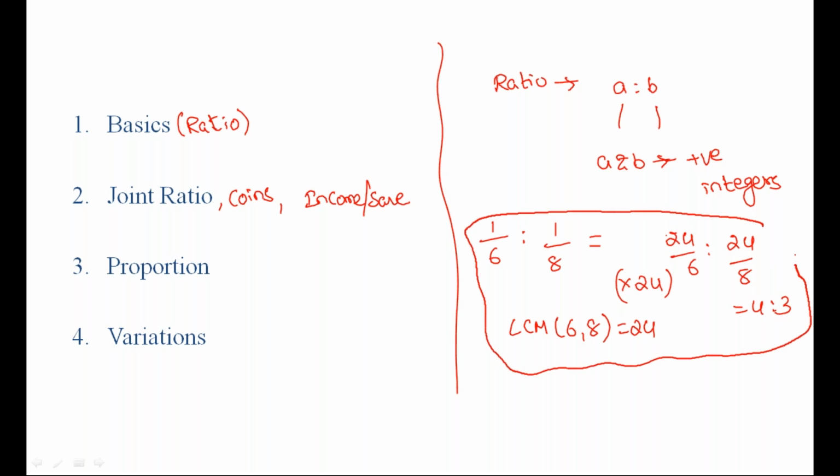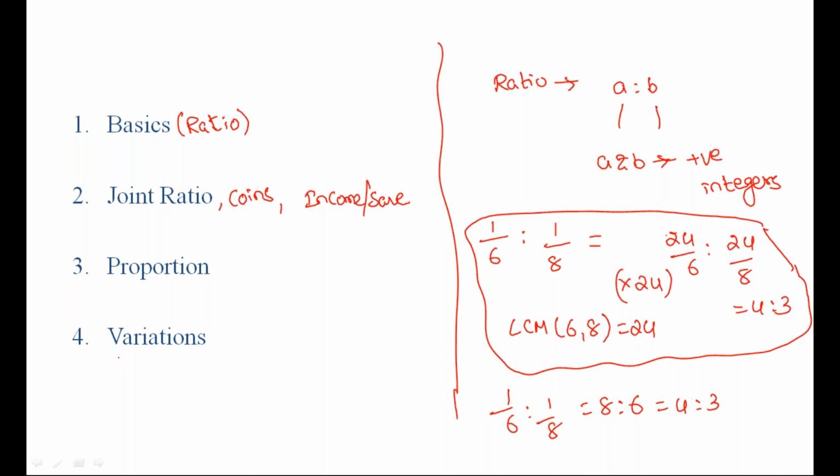Otherwise, in simple terms, if it is only two numbers, 1/6 and 1/8, I can write it directly as 8:6, which is again 4:3. That works only for two numbers. When you have three numbers, you don't have that provision.